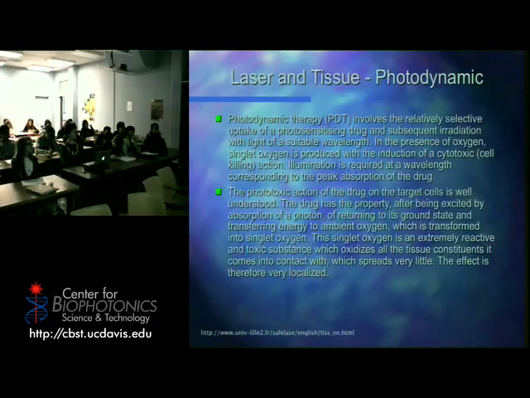So if I have a skin cancer, and I can get some kind of agent, some kind of cream, that will selectively stick to the tumor areas, the parts that I want to get rid of, and then I expose light of the correct wavelength to activate those molecules. Once those molecules are activated, they will form free radicals. Those free radicals will destroy whatever molecules are near them. If those happen to be the bad cells that I want to get rid of, I have now destroyed the bad cells.